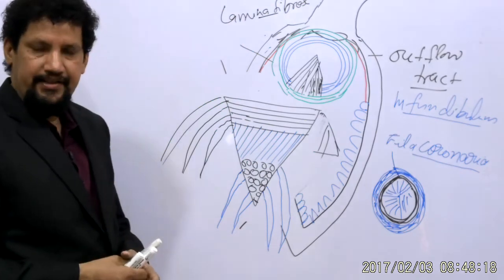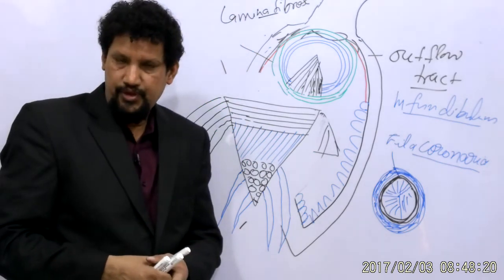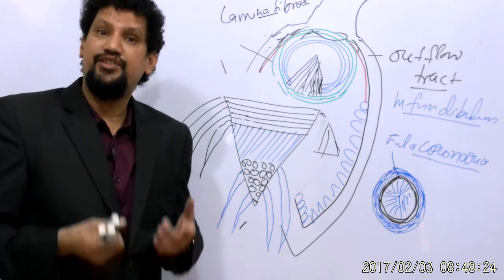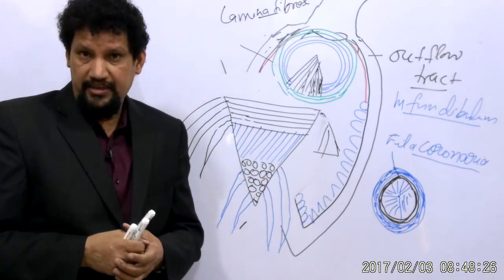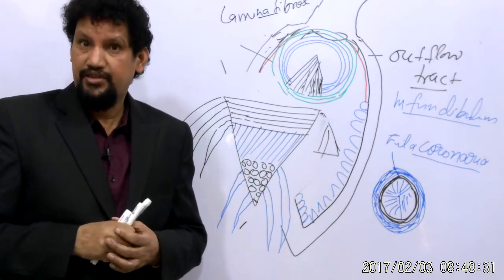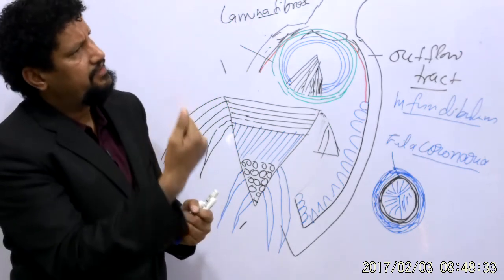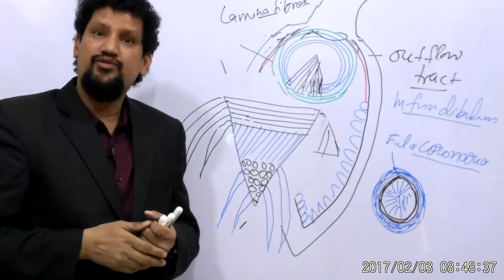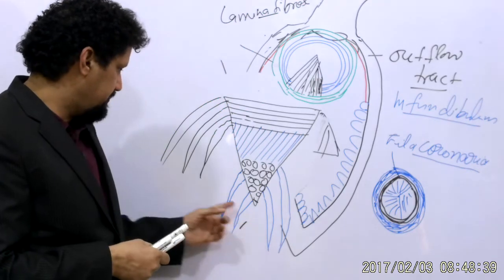The chorda tendini are holding the cusp and preventing the turning of the cusps or leaflets into the atrium during systole. So these are holding the cusp like a parachute. So there is a parachute like action of these cusps.